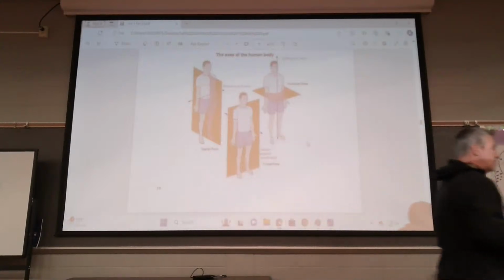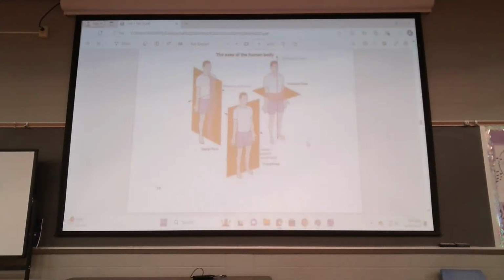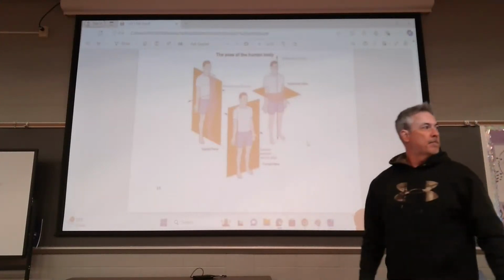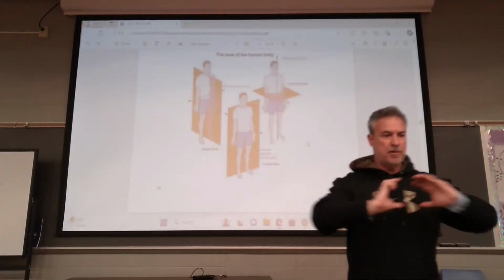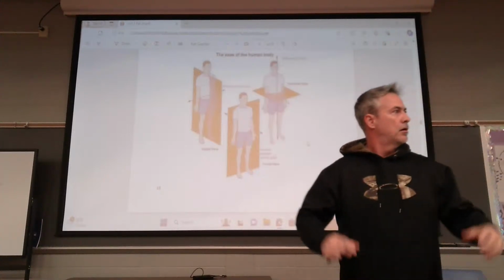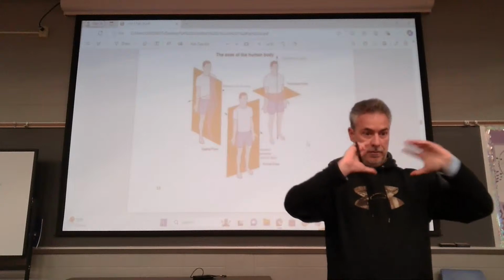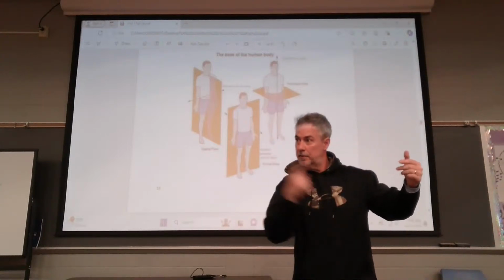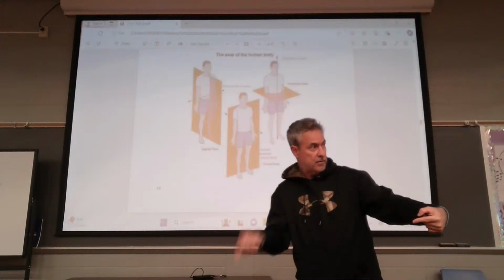So an axis is a point about which things spin. You spin a basketball on your finger, the finger's the axis, and the ball's spinning in a plane. You take the ball and you spin it forward: axis, spin. You take a ball and you spin it like this: axis, spin.